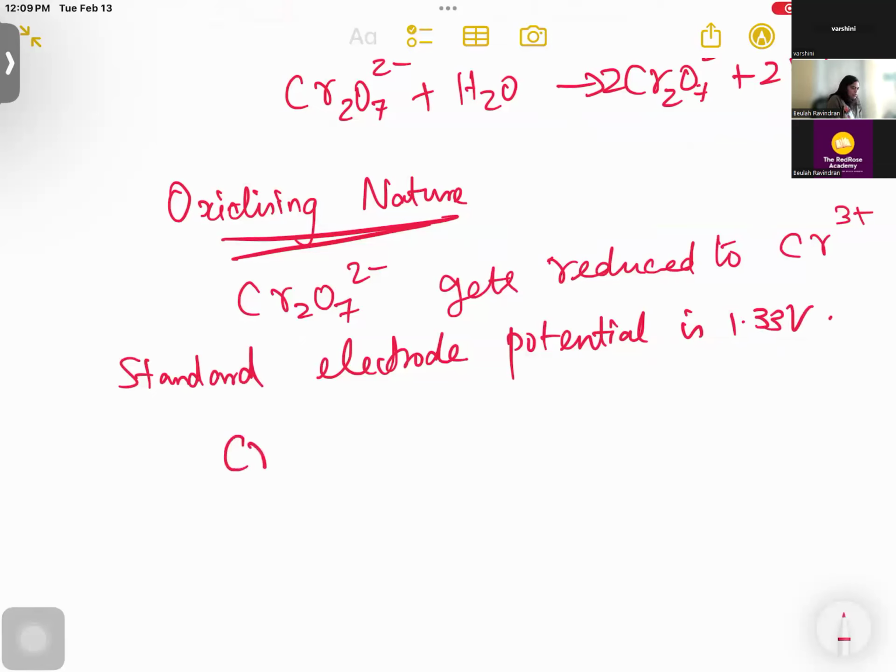So that is Cr2O7 2 minus. If it wants to get reduced to Cr3 plus, then it needs 14 H plus and 6 electrons, because how many oxygens are there? O7 means it needs 14 H plus. Then 6 electrons come. Chromium is 2 minus, right? So 2 plus 6. So it gives 2 Cr3 plus.